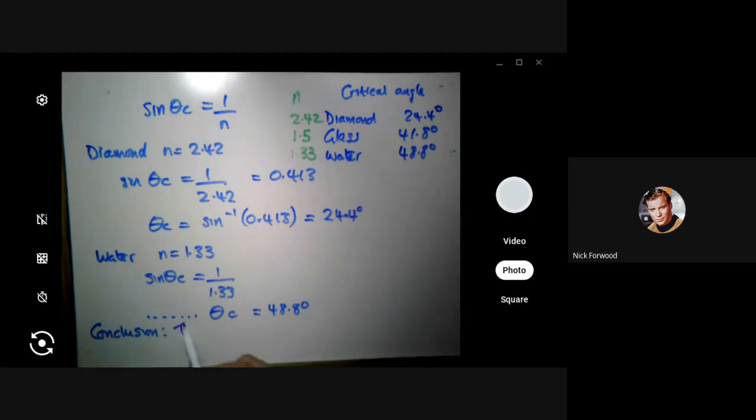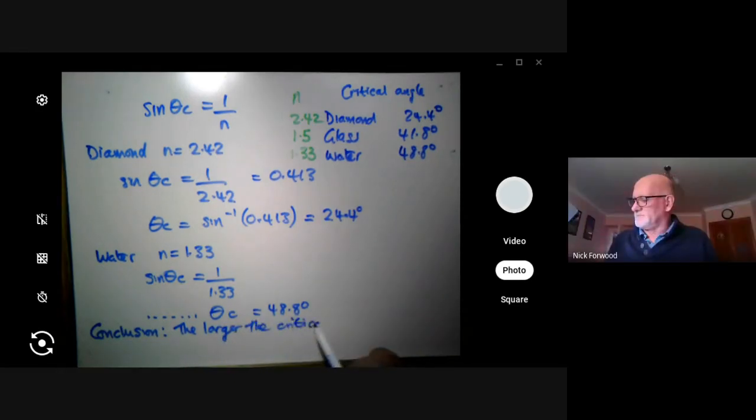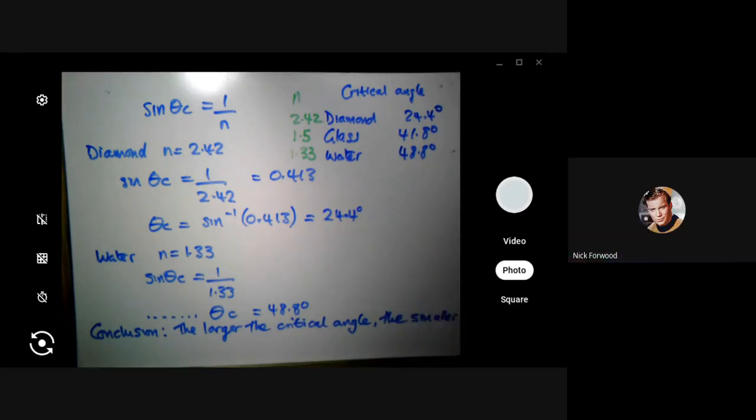The larger the critical angle, the smaller the refractive index.